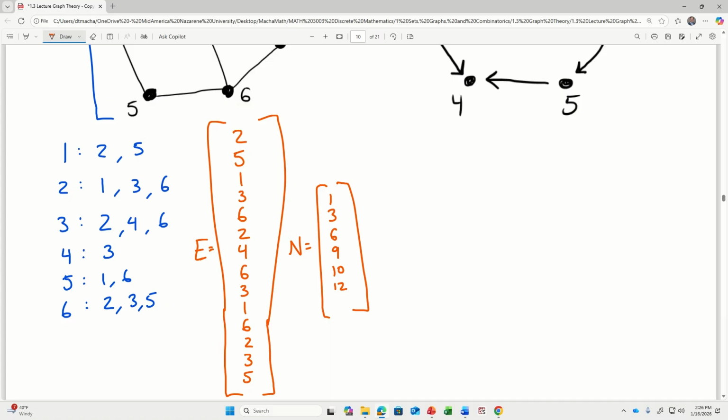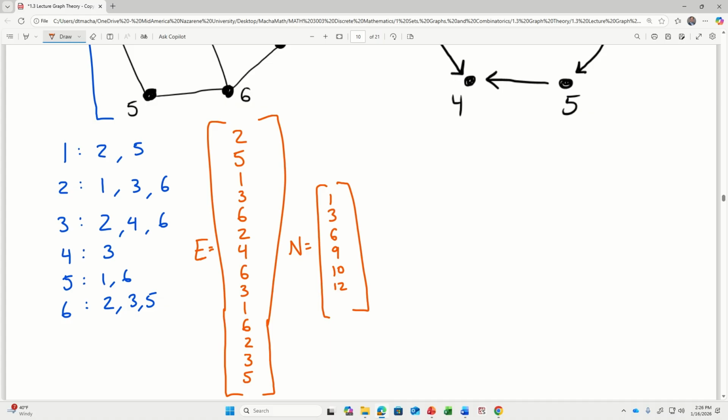And what this is telling me is that as I look at my big long list E, node number 1 starts in the first position. Node number 2 starts in the third position, right? So that means 1 and 2, the first two entries in my longer list, belong to node number 1.